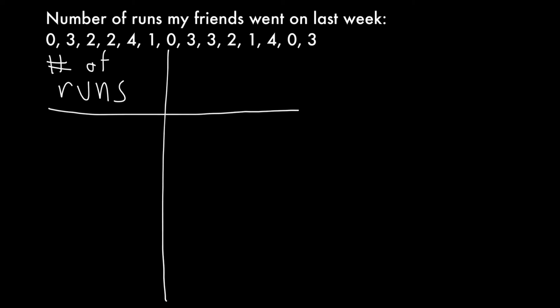And if I'm looking at my data here, I'm noticing that people are running anywhere from 0 to 4 runs at the most. So we're going to have 0, 1, 2, 3, 4.